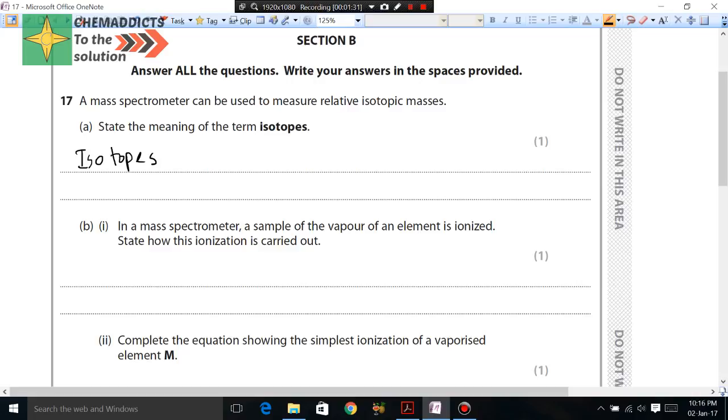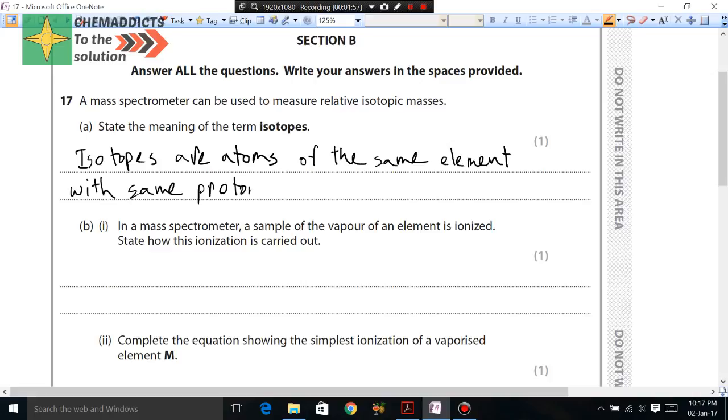Isotopes are atoms of the same element with same proton number but different mass number.